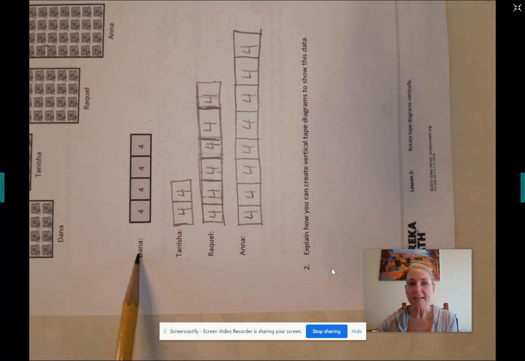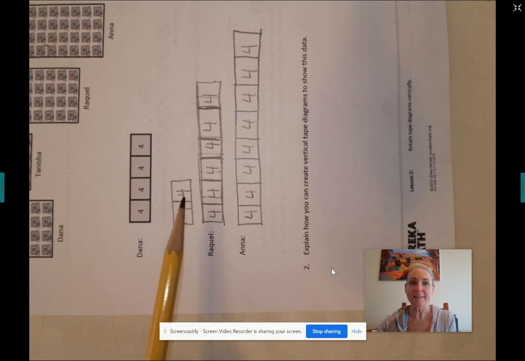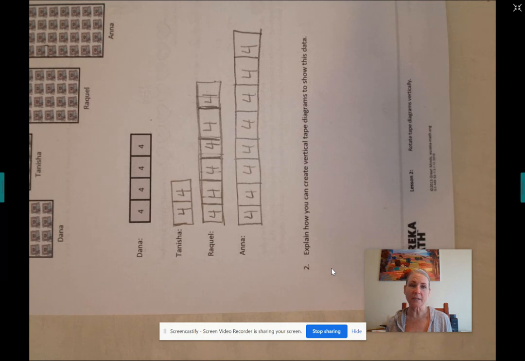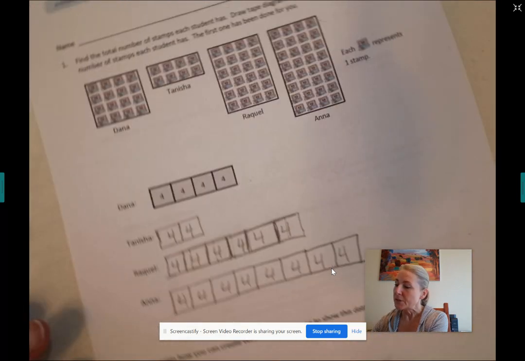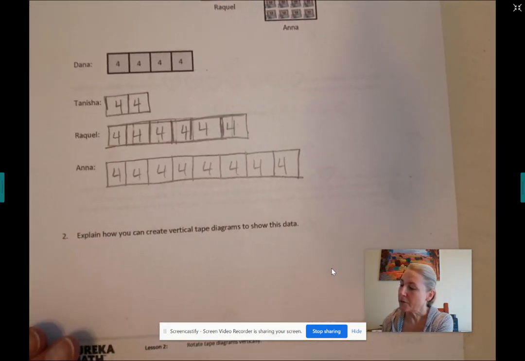But we can see that Dana has this, Tanisha has this, and we can use this as a tool to compare and analyze the data that we have. So explain how you can create a vertical tape diagram.